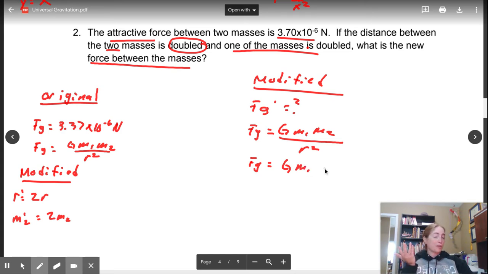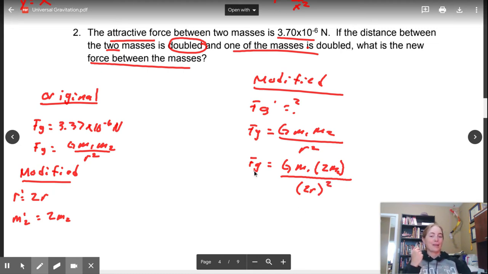I chose to make m1 stay the same, but my m2 is double what it was. So I replace that m2 with 2m2. And then we are doubling our radius. So I'm going to replace that r with (2r) squared.